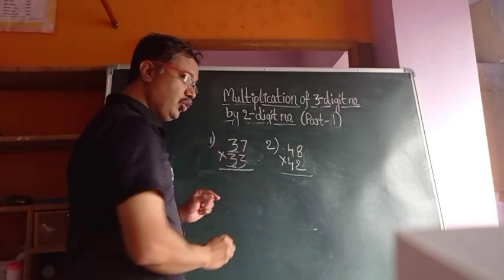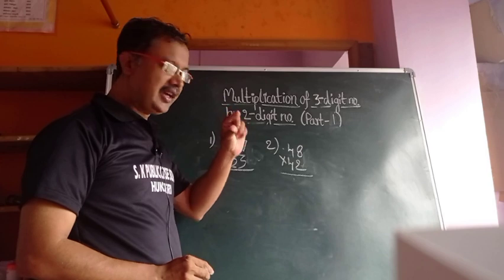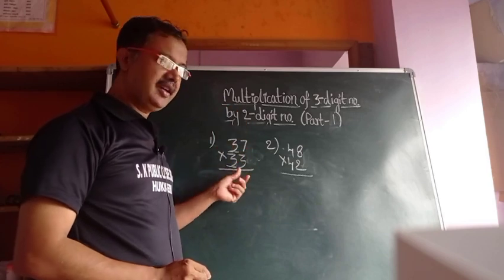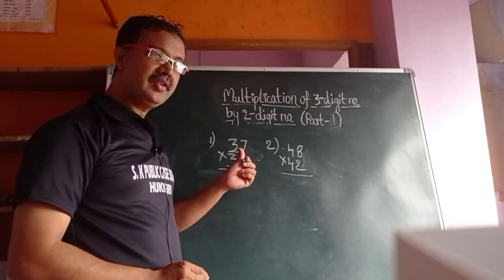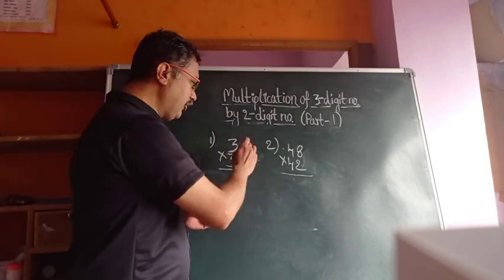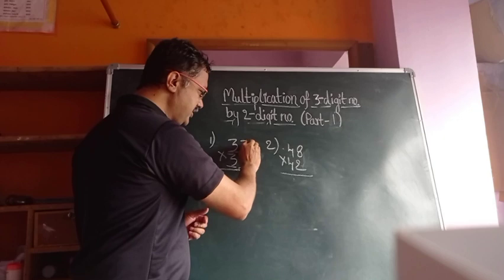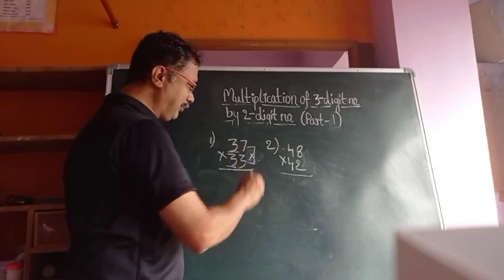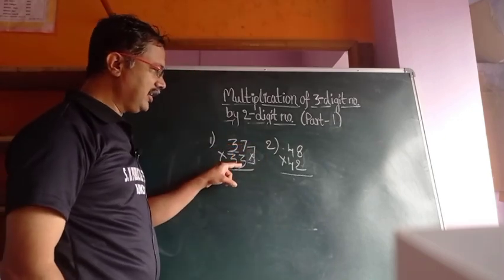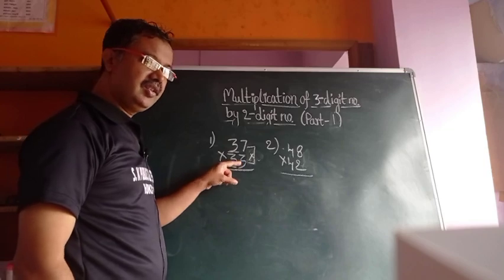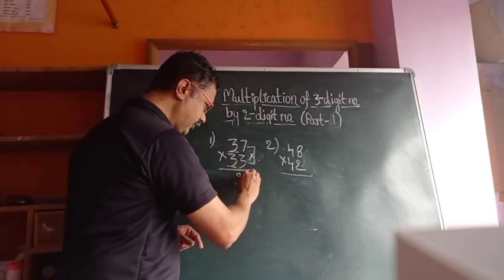Don't add those numbers, and don't write them now in the answer section, but you have to multiply these two numbers. 7 plus 3, multiply this. 7 into 3, 21.